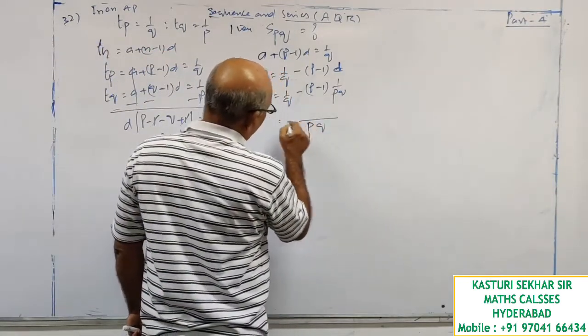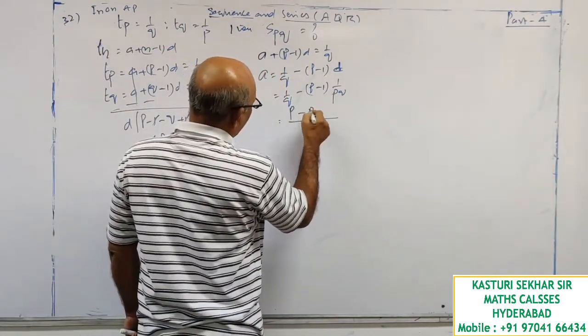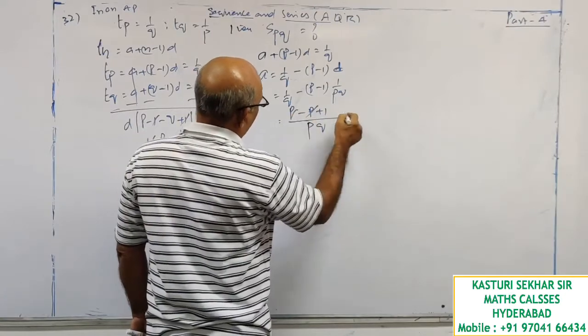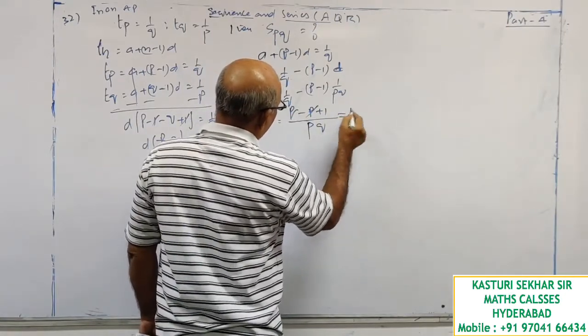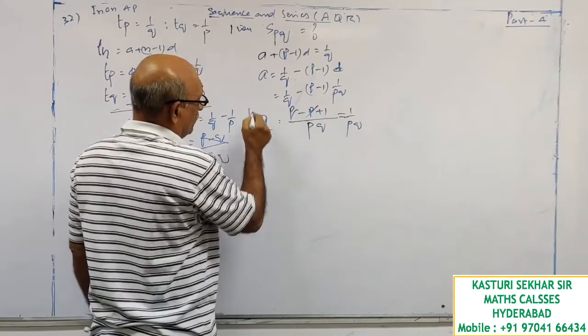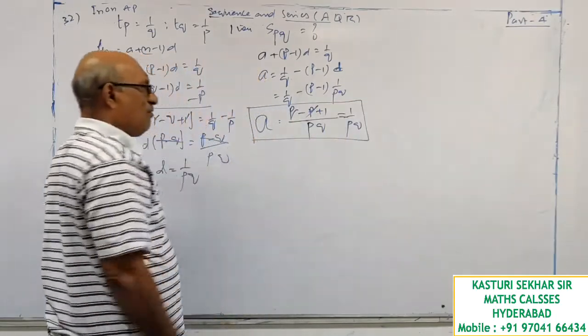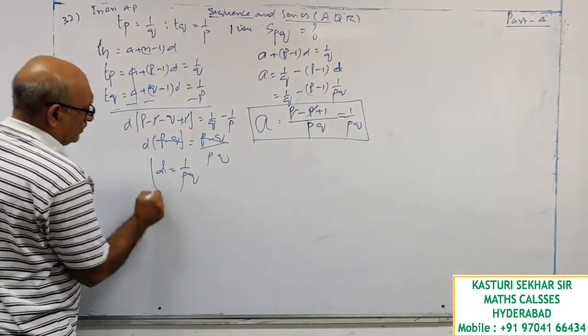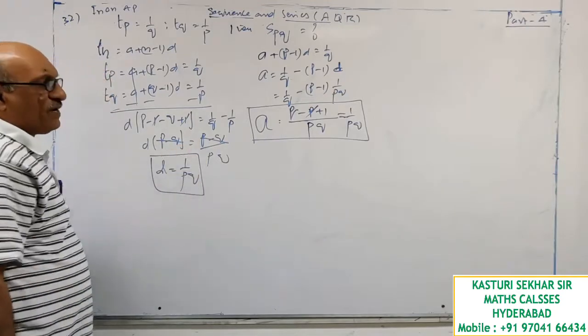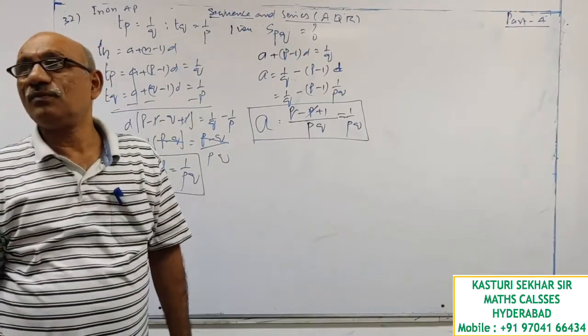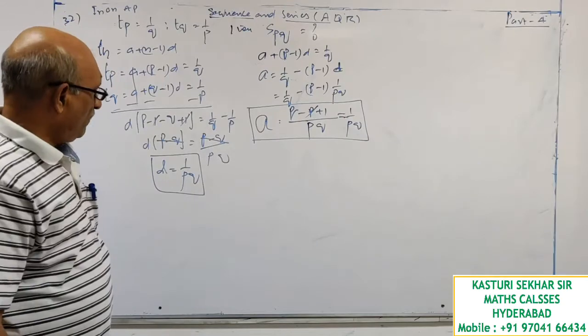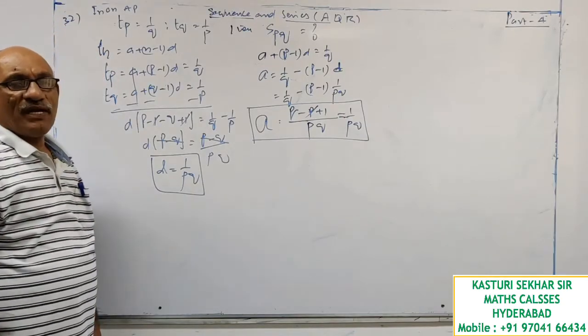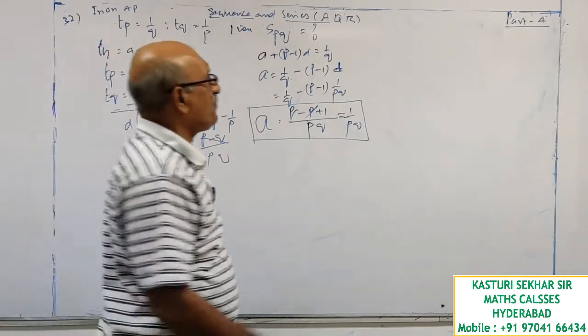When I take pq as LCM, p minus p plus 1, 1 by pq. First term is 1 by pq. Common difference is also 1 by pq.